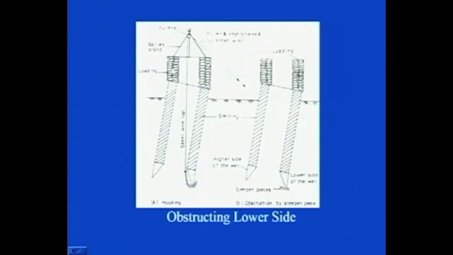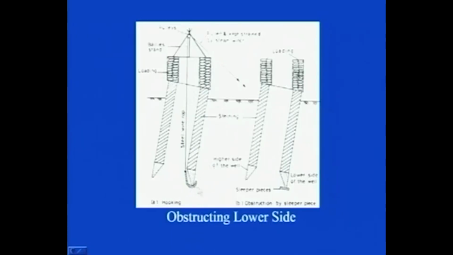How it is done, you can see here with the help of this particular figure that here the hooking has been done, a hook has been formed over a pulley with the help of a steel wire rope. Although you are using the different methods which we have just now discussed for rectifying the tilt and shift, additionally this obstacle below the lower side helps.